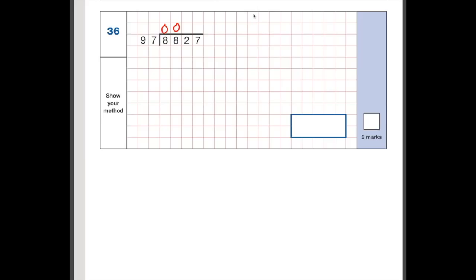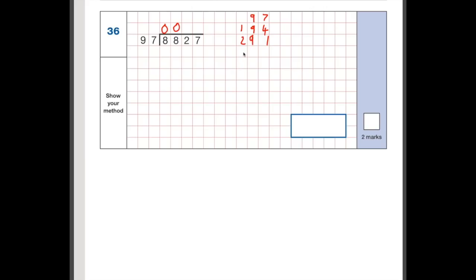And again, what I recommend is just putting the 97s down here and trying to add 97 every time. 97 and 97 is 194. Add another 97. You could do 100, so that's 294 minus 3, which is 291. And we can keep going.